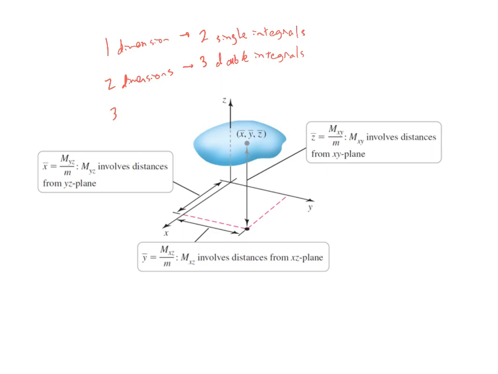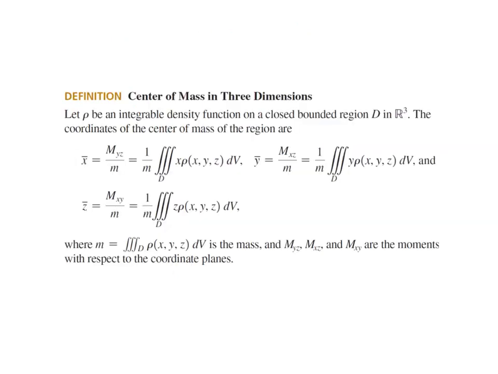And then in 3 dimensions, we have a mass, a moment about the yz plane, a moment about the xz plane, and a moment about the xy plane. So we have 4, and because again 3 dimensions, triple integrals. So these problems can get real fun if they're not symmetric.